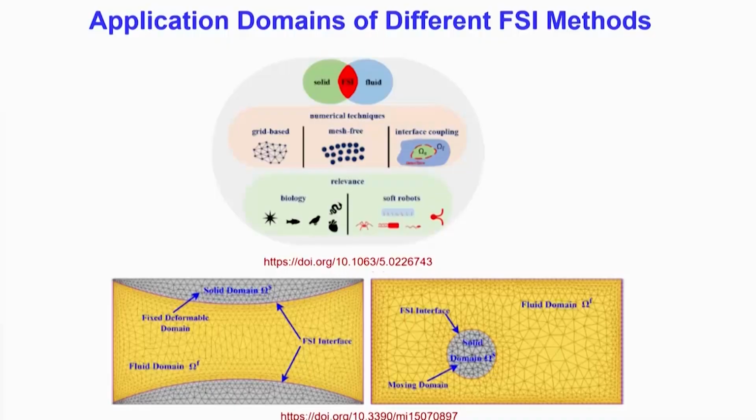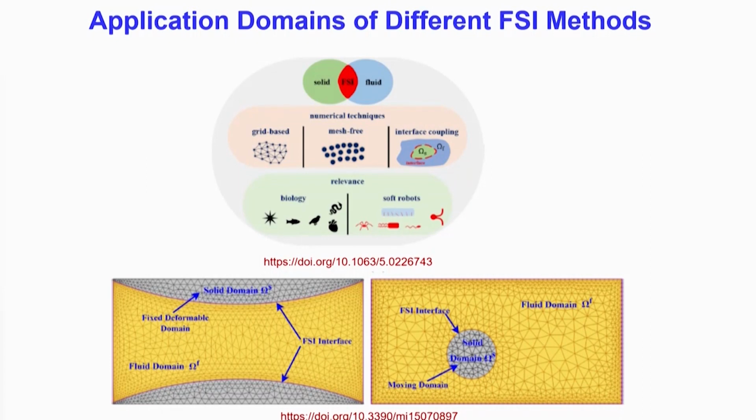In the left hand side picture you have a solid domain and a fluid domain, and in that way you will have an interface, and the interface will evolve with time. You have a fixed deformable domain which is the solid domain, fixed and deformable in the sense that it is identified, but its interface can vary with time.